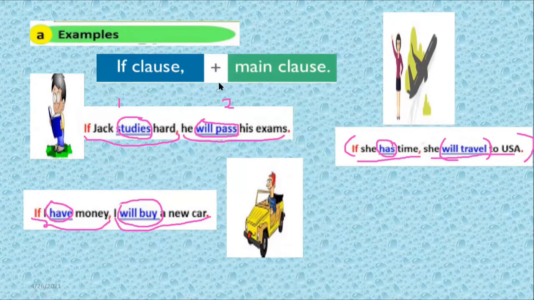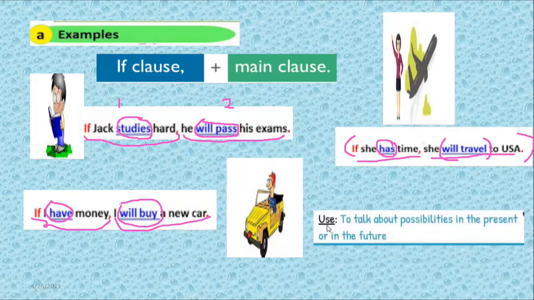As you see, the conditional contains an if clause and a main clause. Pay attention that we have a comma between the if clause and the main clause. Here we have a comma, here you can see a comma, and here you can see a comma.